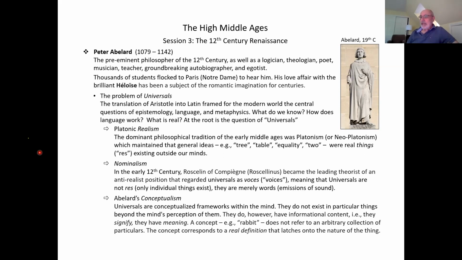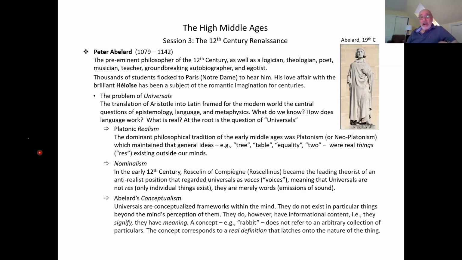So you couldn't pick up a glass, a pencil sharpener and a rabbit and call them all rabbit. There's something in the word rabbit that signifies the concept, corresponds to a real definition that in some sense latches onto the nature of the thing, but that exists only in the mind.